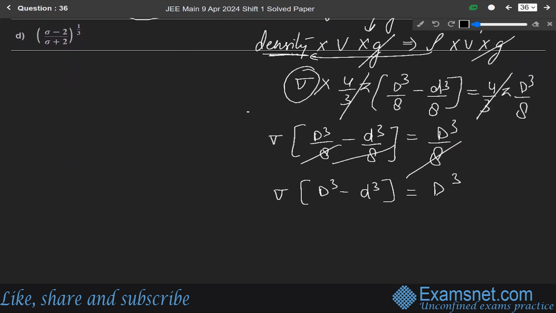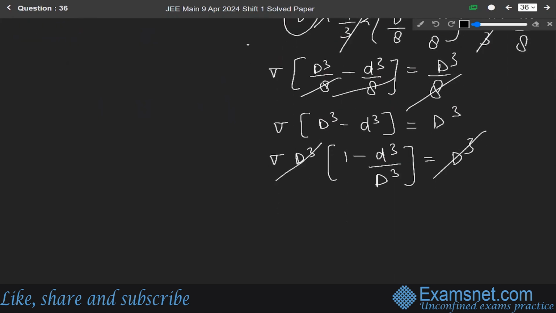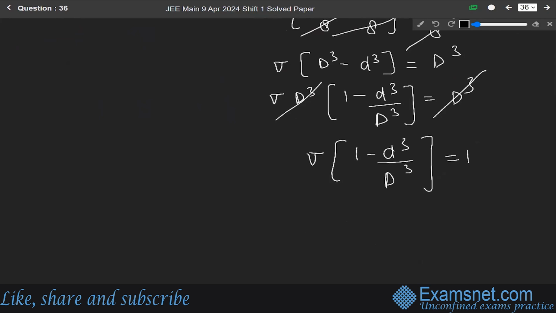Now taking D cube common, we get sigma D cube times (1 minus d cube over D cube) equals D cube. So this D cube cancels out. We get sigma times (1 minus d cube over D cube) equals 1. So from here, 1 minus d cube over D cube is equal to 1 over sigma.